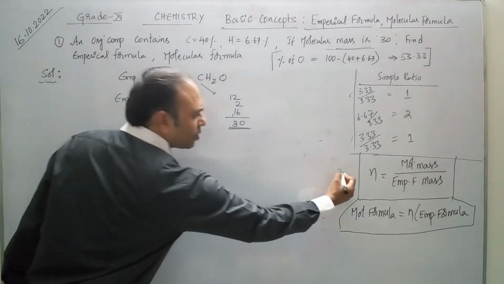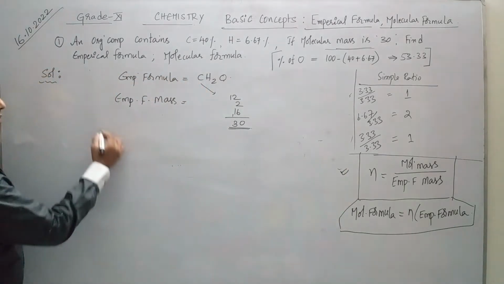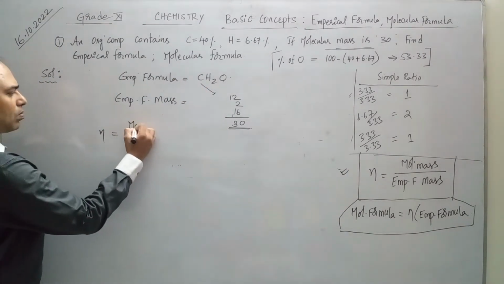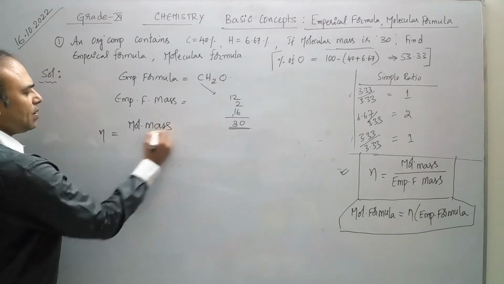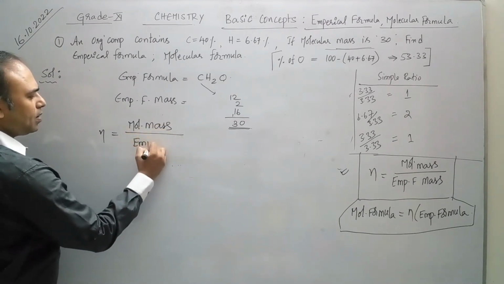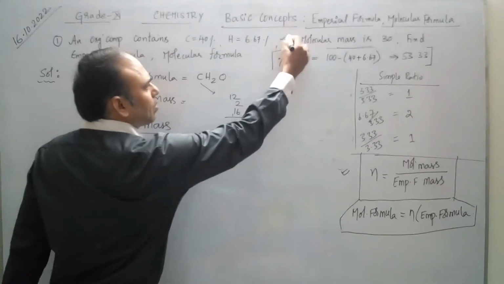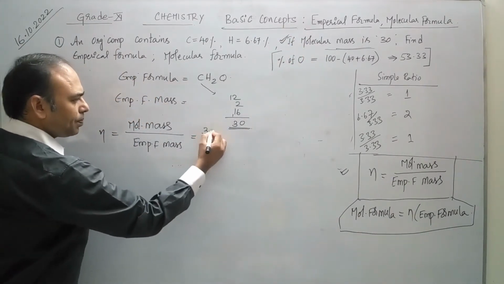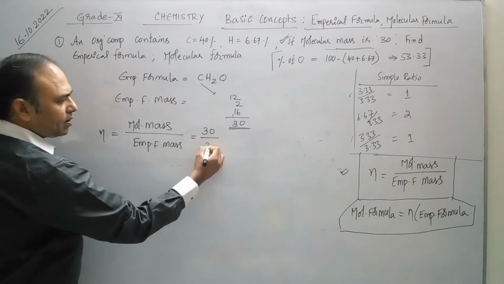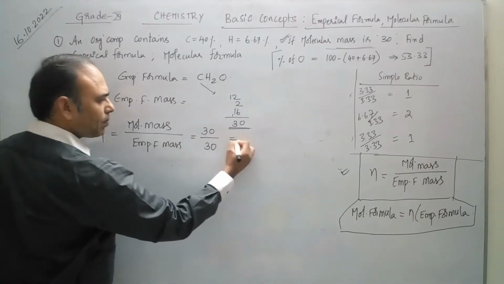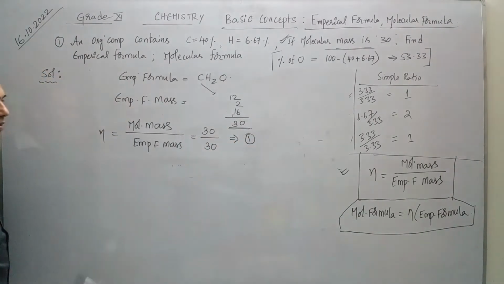Now let us use the formula to calculate N. So N is equal to molecular mass by empirical formula mass. We know that molecular mass is given as 30 and we calculated empirical formula mass, that is also 30. Hence N is equal to 1.